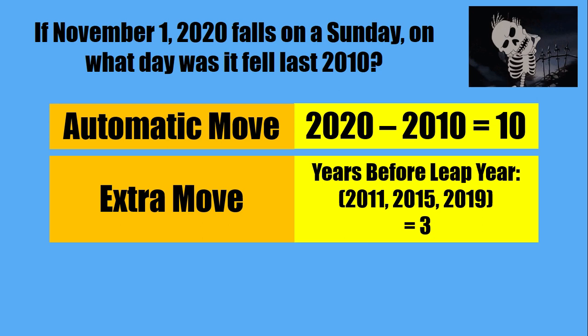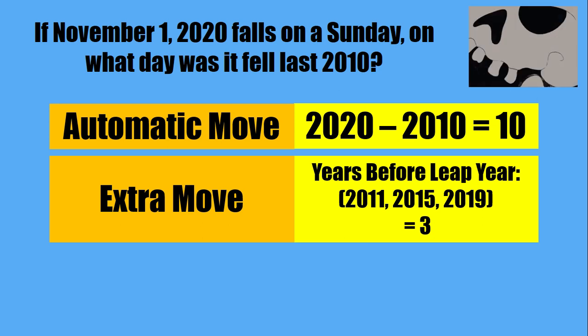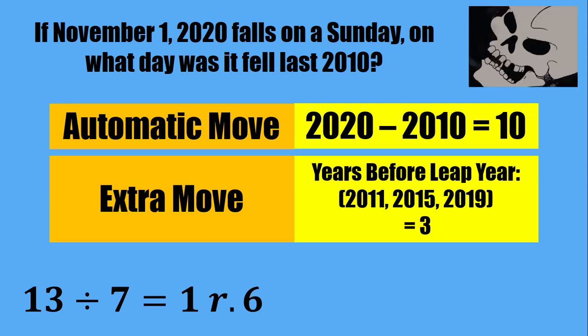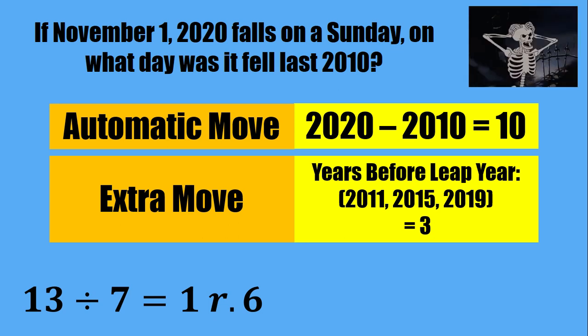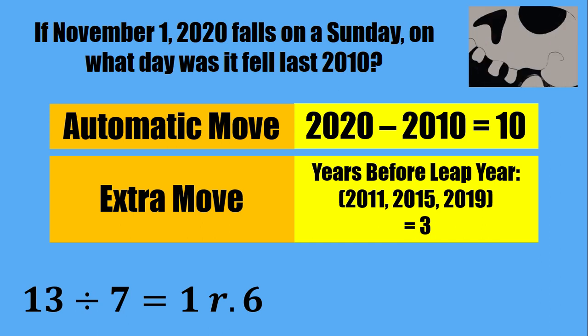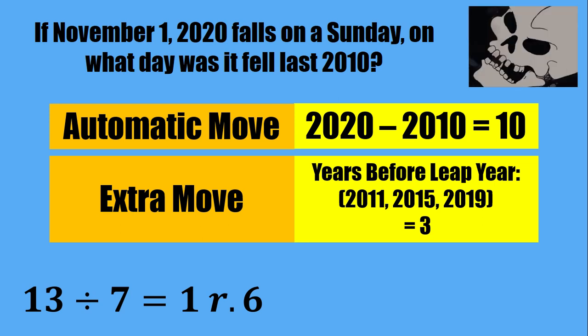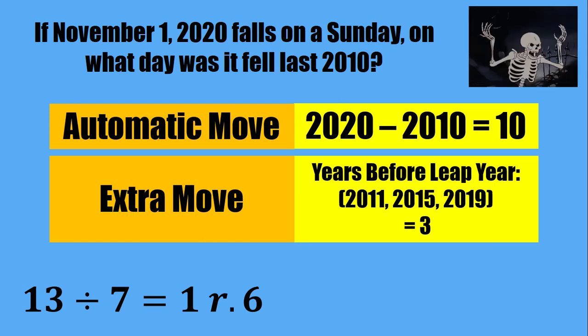So 10 plus 3, that is 13. Applying the modular arithmetic, 13 divided by 7, the answer here is 1 remainder 6. Since we are looking at the past, we're going to subtract that 6 days from Sunday. Let's move 6 days before Sunday.